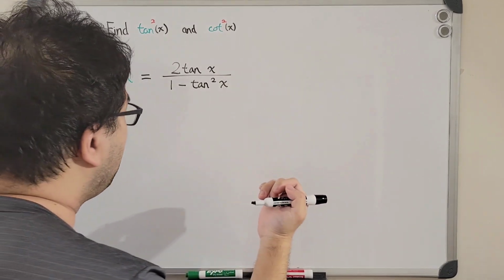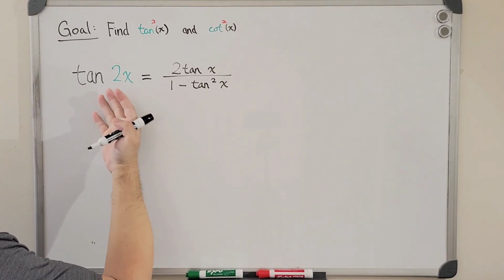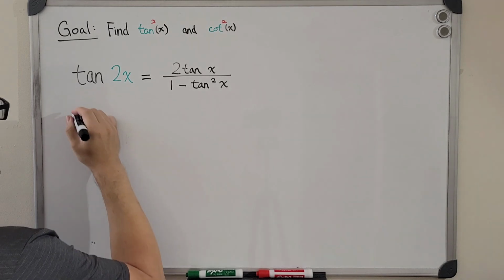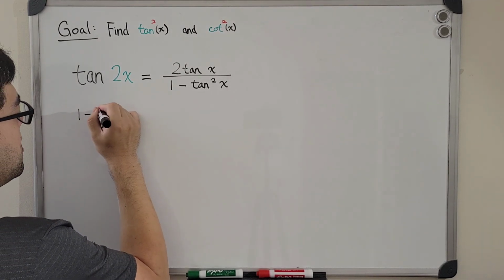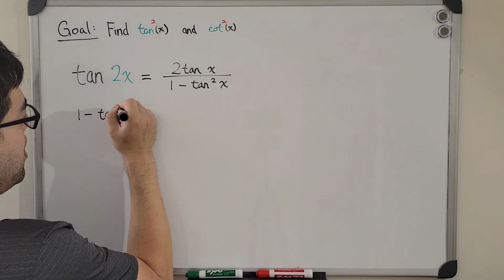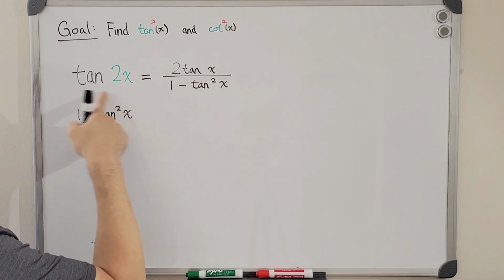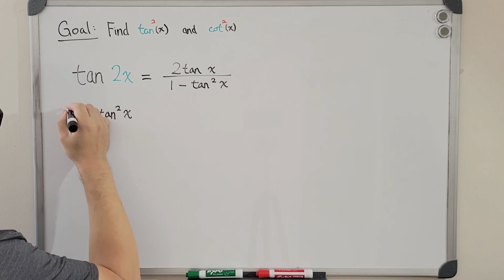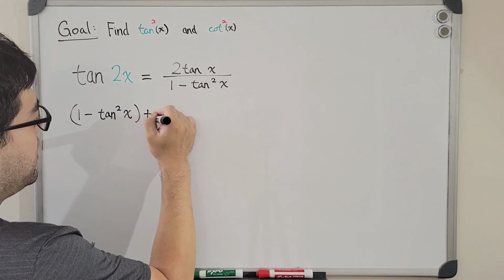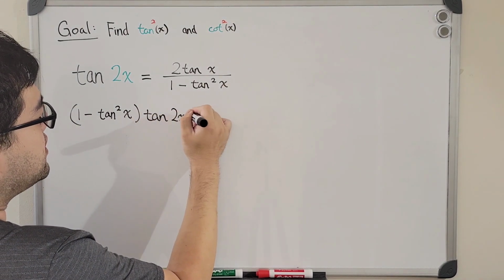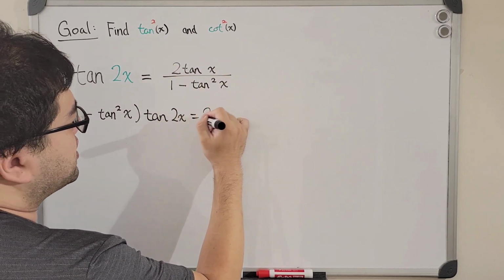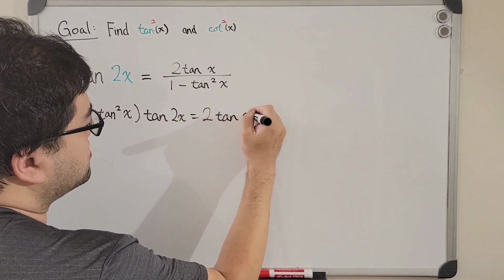So what we can do now is cross multiply to get 1 minus tangent² of x times the tangent of 2x equals just the numerator, 2 tangent of x.